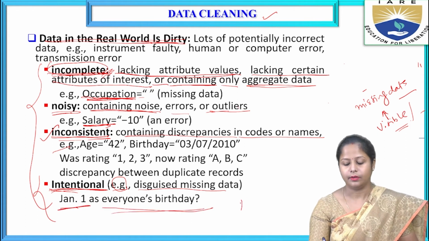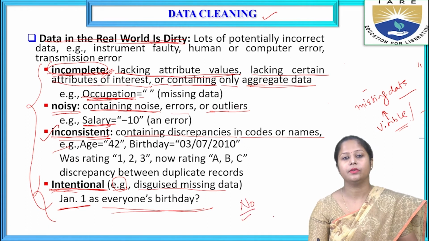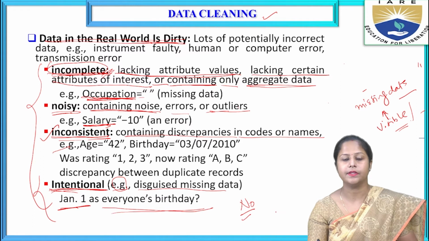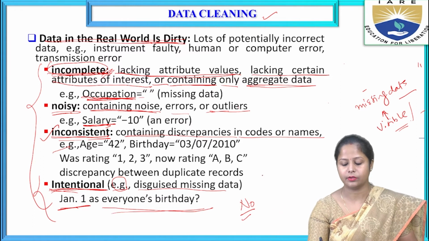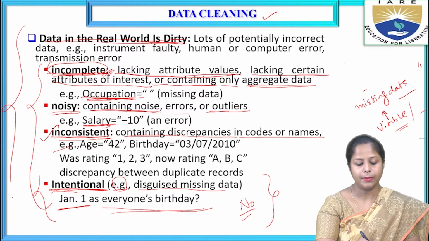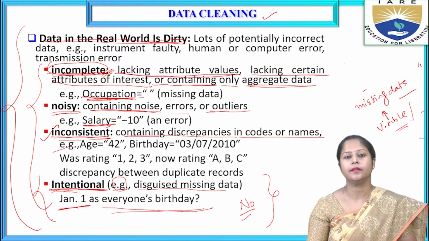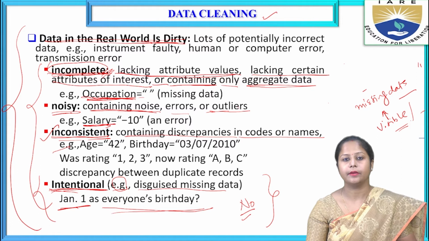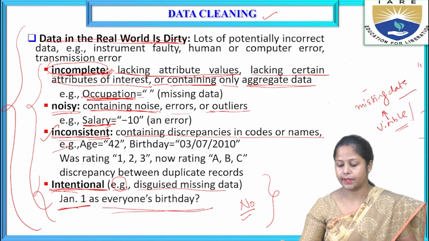No, because not everyone's birthday is on 1st January. So that is also an intentional error. These errors come under data cleaning, so this is the type of data we have to clean from our side.